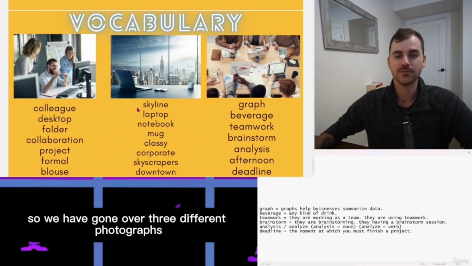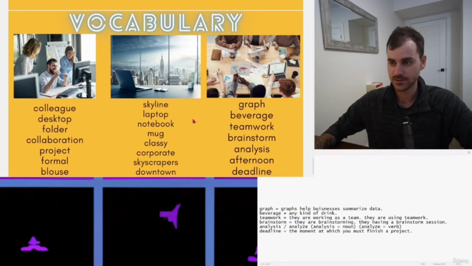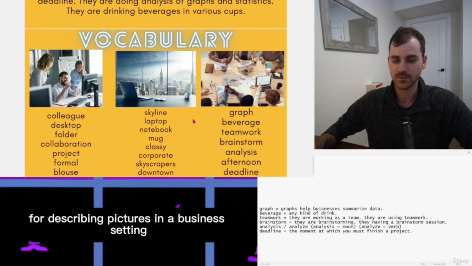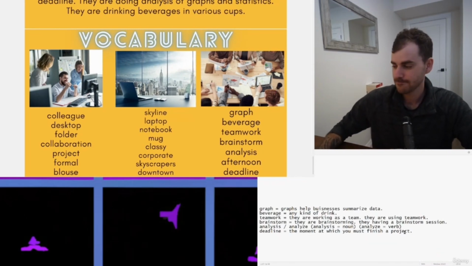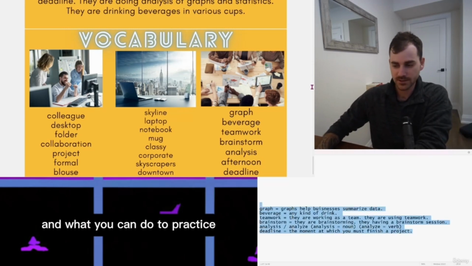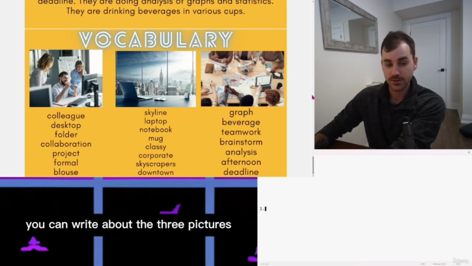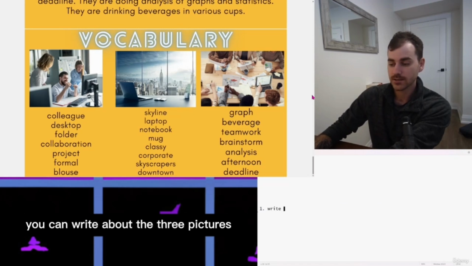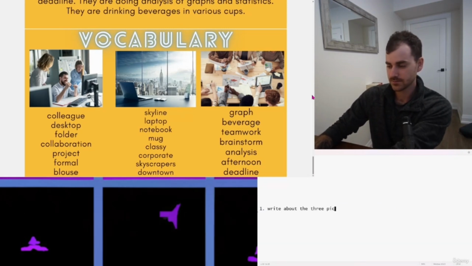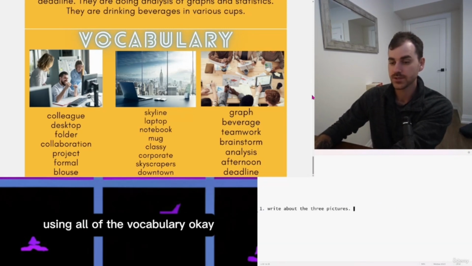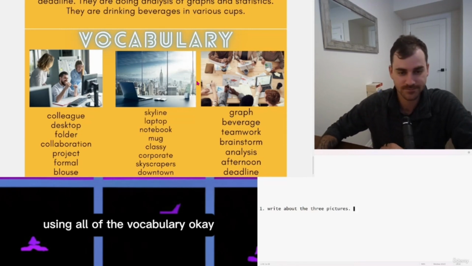So we have gone over 3 different photographs for describing pictures in a business setting. And what you can do to practice, you can write about the 3 pictures using all of the vocabulary.